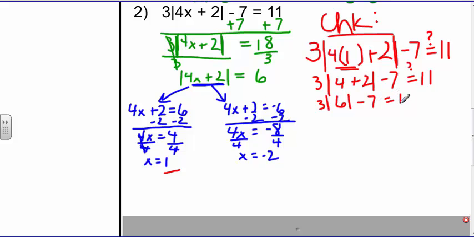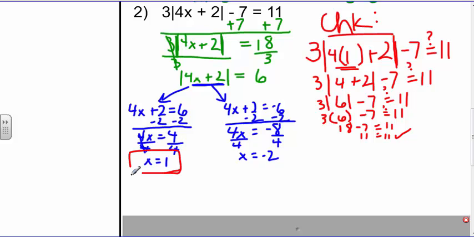Then you take the absolute value of 6, so that makes it a positive 6. We've done the absolute value part, so now they change to parentheses. 3 times 6 is 18. Minus 7. And 18 minus 7 is 11. 11 equal to 11 does work. So 1 is one of our solutions.